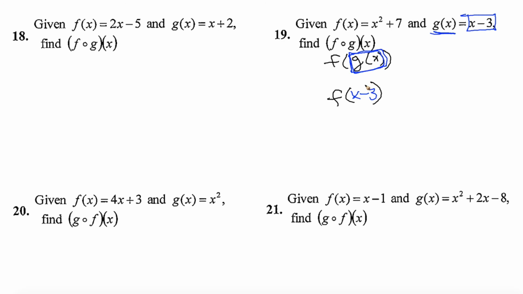Okay, so now we take this and replace the x with it, giving us x minus 3 squared plus 7.